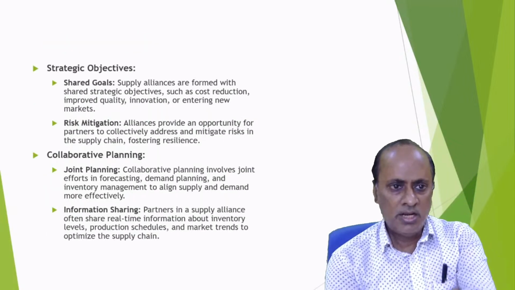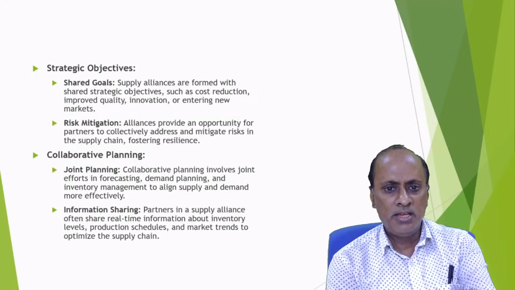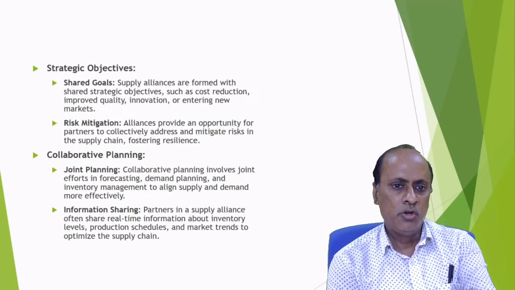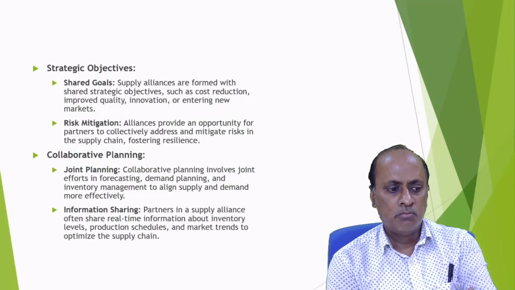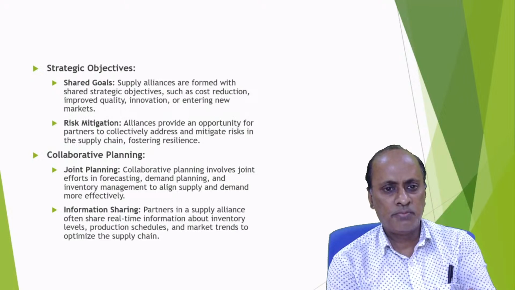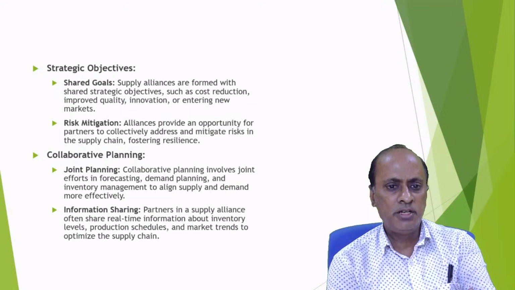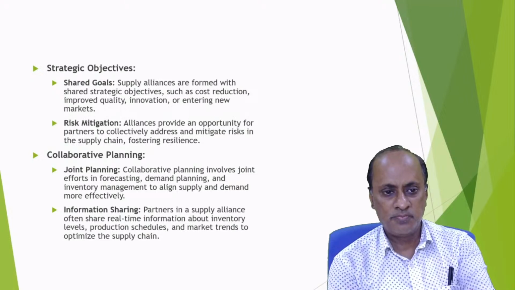Now, there are certain strategic objectives, shared goals. Supply alliances are formed with shared objectives such as cost reduction, improved quality, innovation, and entering new markets. So, the partners who go for supply alliances have some shared or common goals. Risk mitigation: alliances provide an opportunity for partners to collectively address and mitigate risks in the supply chain and foster resilience.